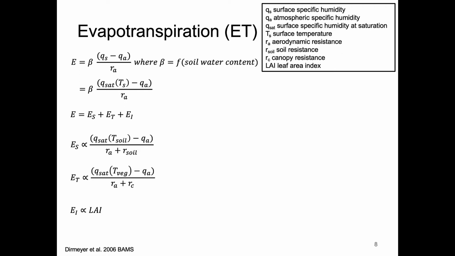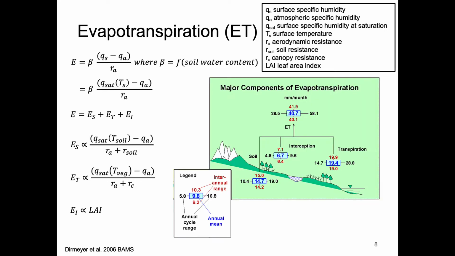The interception is the evaporation of water sitting on the vegetation and is proportional to the leaf area index LAI. Estimates of the evapotranspiration are continually updated, however this schematic indicates the relative contribution of each of these processes, with transpiration contributing the most, followed by the soil evaporation and then a smaller contribution from the interception.